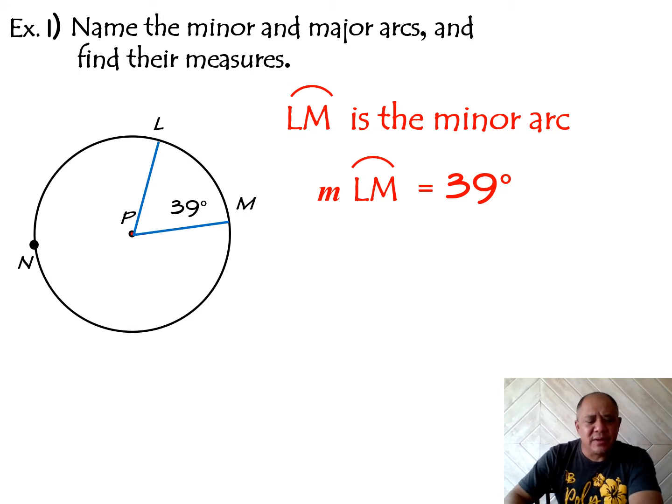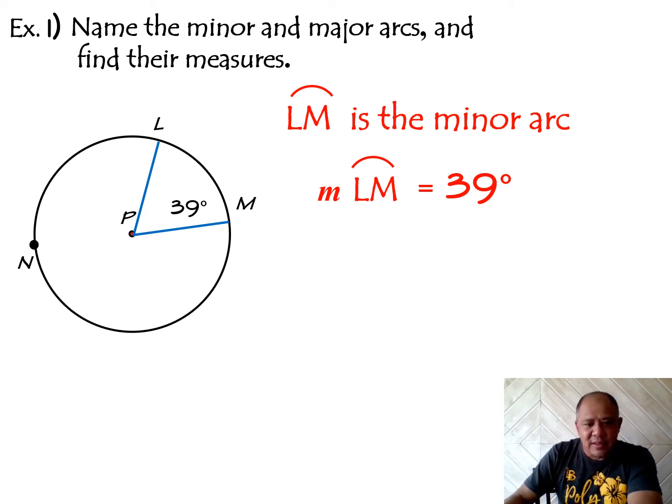Now, how about the major arc? Well, first of all, do you guys know what the measure of a full circle is? If you said 360 degrees, then you got it right. A full circle is 360 degrees. So if we know the minor arc is 39, how do we find the major arc, the other part of the circle?